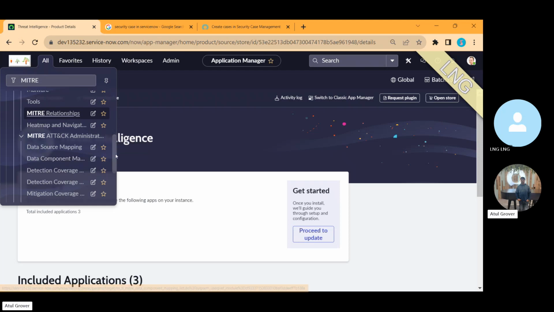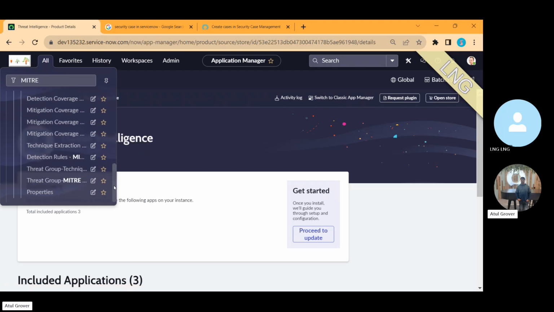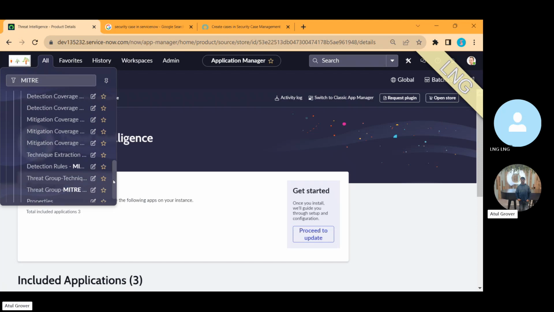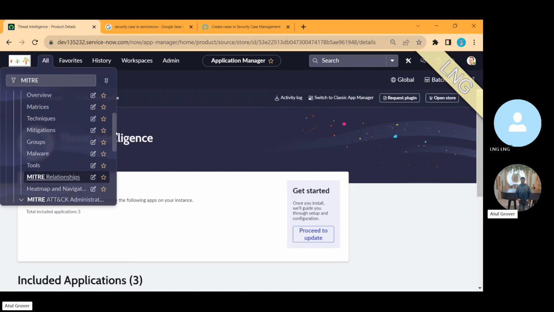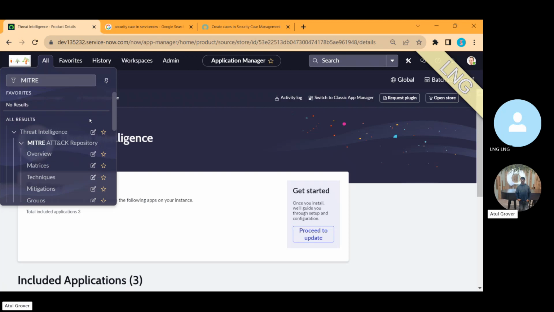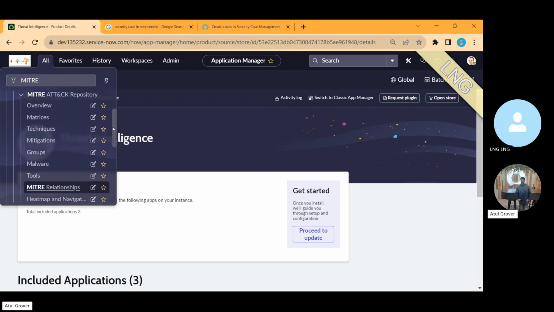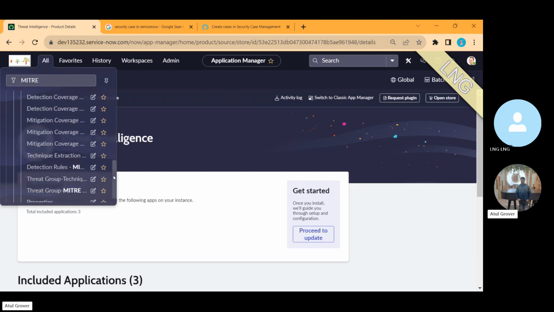And sadly, we don't have anything called an assistant or guided setup here, which could help me configure this ATT&CK in my system. But overall, these things, techniques and rules, we have to define in our system. OK.